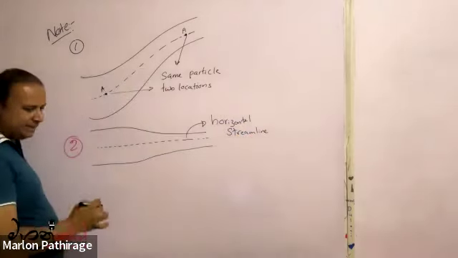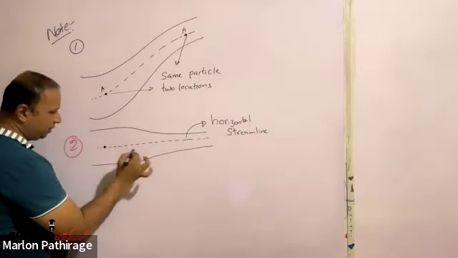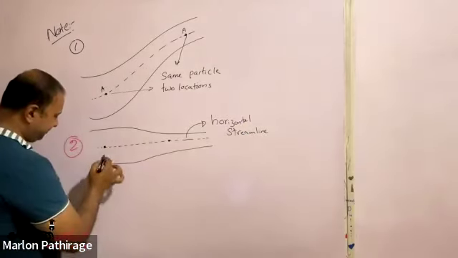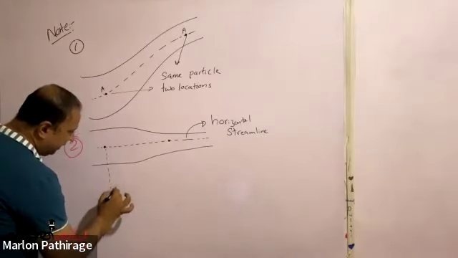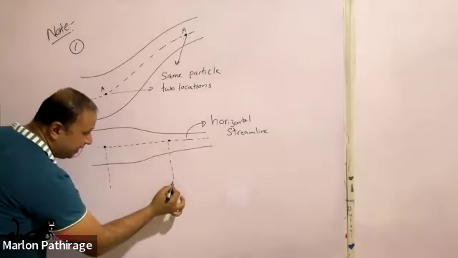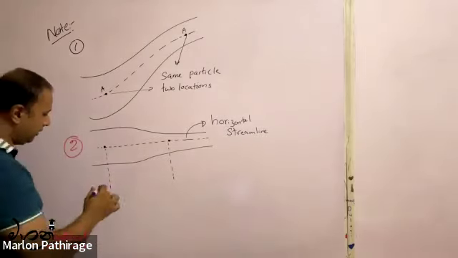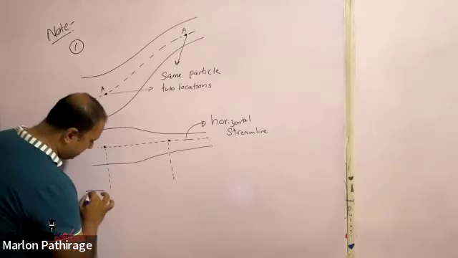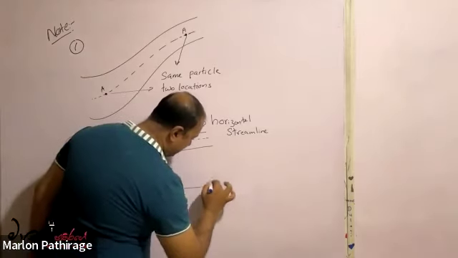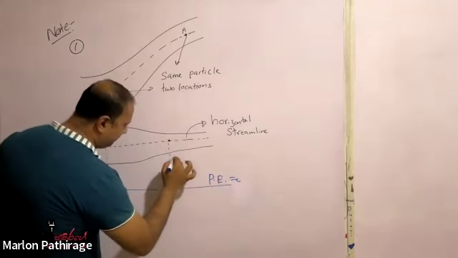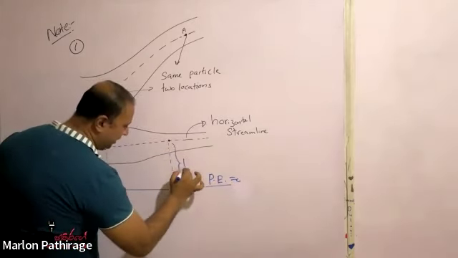If I select two different locations in a horizontal streamline, then the height to the potential energy zero level is the same, no? It is equal in each case.